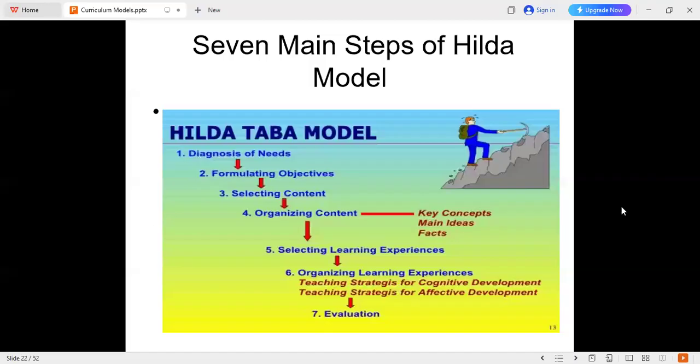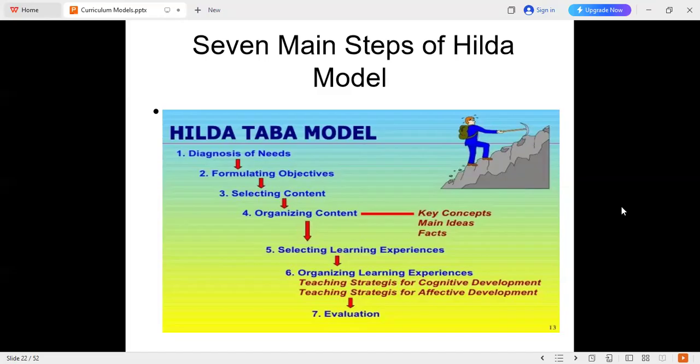Key concepts, main ideas, facts should be clearly organized. Selecting learning experiences. She has divided the implementation of learning experience into two steps.